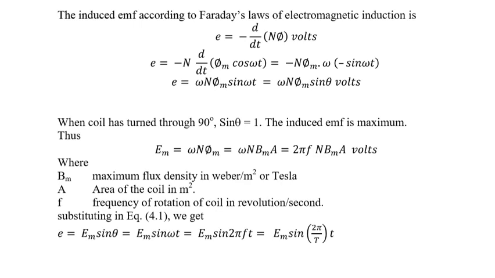So according to Faraday's laws of electromagnetic induction, EMF induced is mathematically represented by minus d/dt of N phi, where phi is characterized by phi m cos omega t. This is phi m cos omega t because when the EMF induced is 0, the flux is maximum.